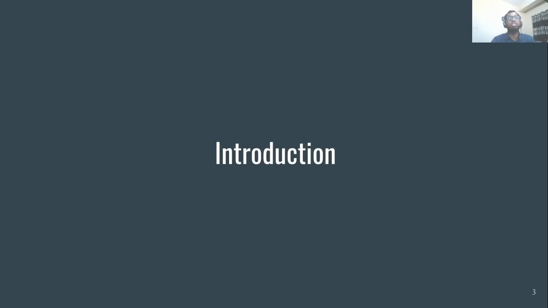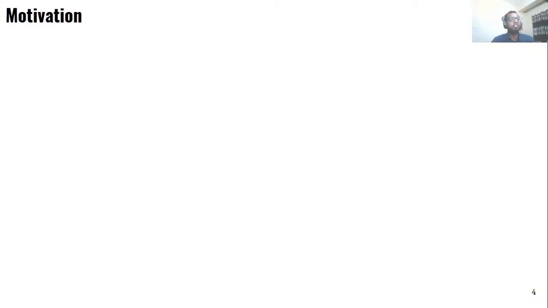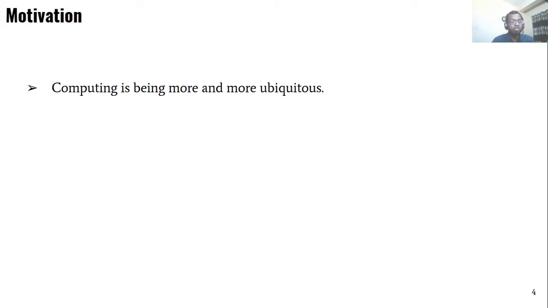Let's start with the introduction. So first of all, what is the motivation behind this particular work? As we know, computing is becoming more and more ubiquitous. So we have different smart wearables like sport watches, health monitoring tools, smartphones, and so on.